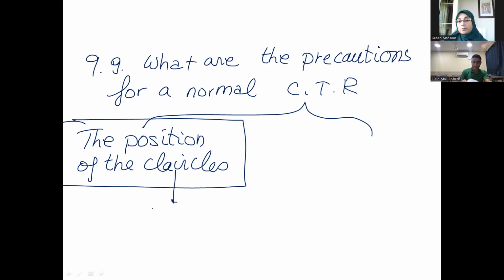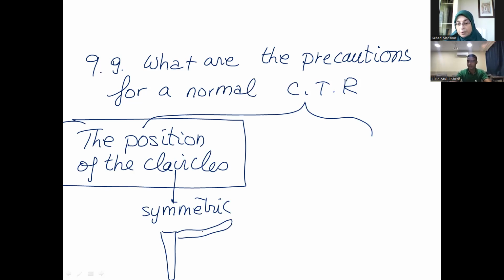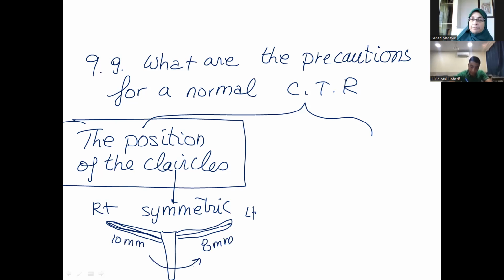The clavicles should be symmetric. وعشان يبقوا الclavicles symmetric يبقى the visible length of the clavicle on the left side should be equal to the visible length on the anterior surface of the clavicle on the right side. يعني لو if you measure the clavicle كده وطلعت مثلا 10 millimeters ودي طلعت بس 8 مليمتر، لا يبقى العيان روتيتد كده، ويبقى انت لو حسبت الكارديوثوراسيك ريشيو هيطلع مش مظبوط.